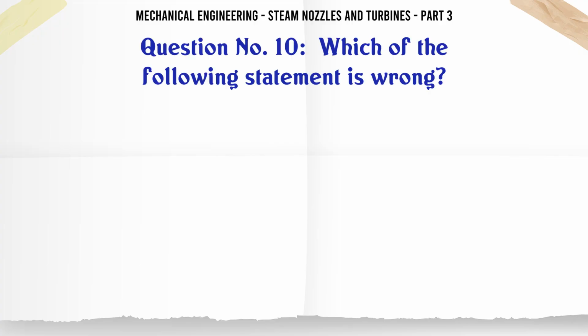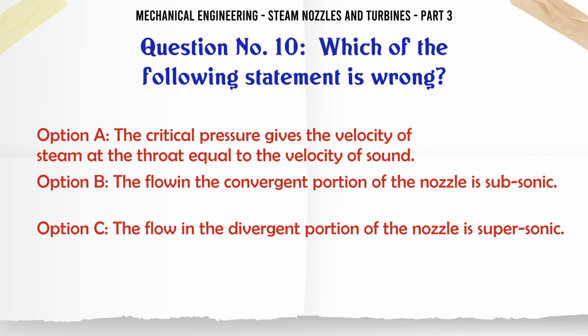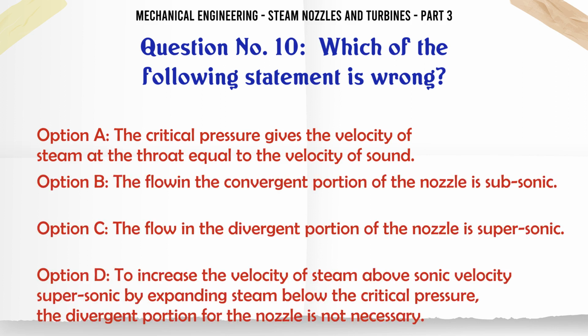Which of the following statements is wrong? A. The critical pressure gives the velocity of steam at the throat equal to the velocity of sound. B. The flow in the convergent portion of the nozzle is subsonic. C. The flow in the divergent portion of the nozzle is supersonic.